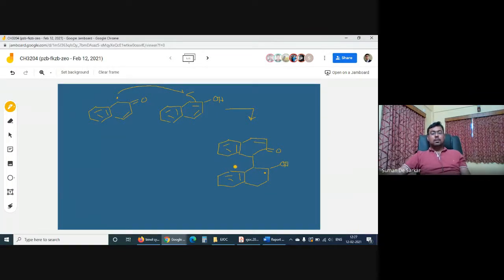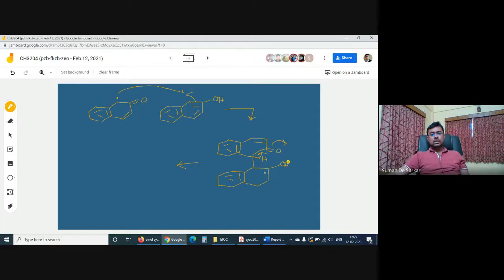Now two possibilities will happen simultaneously. This ring is ready to be re-aromatized, no problem. Just this proton will basically transfer here. It's a tautomerization like previous cases. But in this ring, it's still not possible.